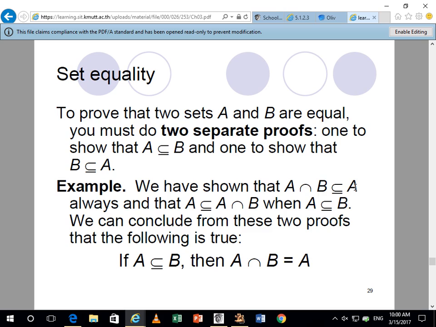So the concept here is equality. When are two sets equal to one another? The condition is that they need to be subsets of one another. So A has to be a subset of B, and B has to be a subset of A. And then A and B are equal.